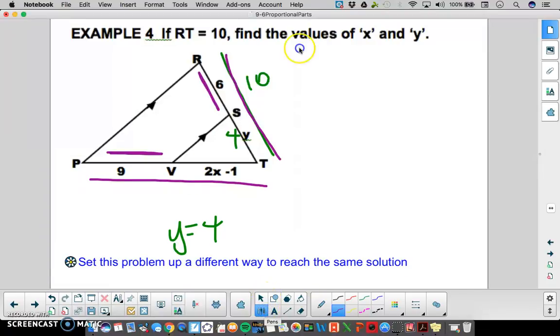So I'm going to have 6 over 10 equal to 9 over the whole. Now, just the same way 6 plus 4 gives me a whole segment of 10, the whole segment PT is 9 plus 2x minus 1. So I'm going to add those two together to get the whole segment. So 2x minus 1 plus 9 is 2x plus 8.